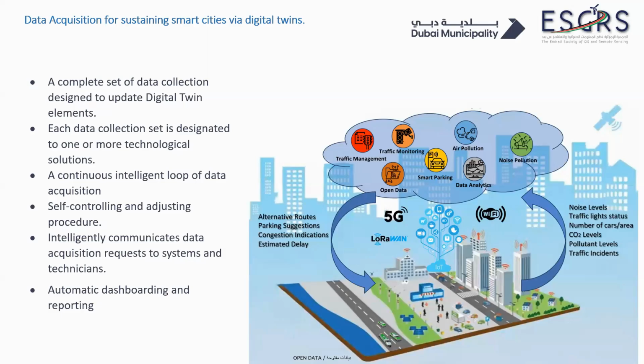Each data collected set is designated to one or more technological solution, a continuous intelligent loop of data acquisition. So it's continuously collecting data either by fixing a cam or, as we mentioned, by a car roaming around the city, etc. Or drones are going into collecting data from certain places using satellite images.